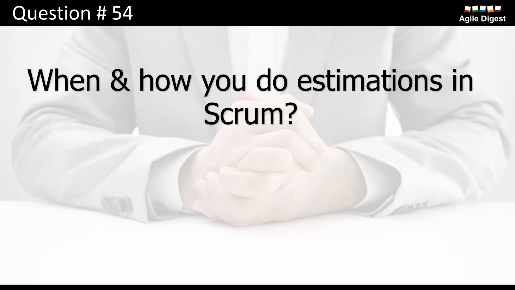And for how you do estimations, you can mention we follow a technique called planning poker. They may ask, can you please explain what planning poker is? So you should be able to explain what planning poker is. Are we clear?